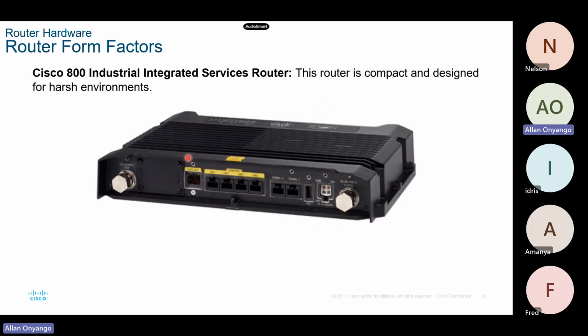Of course, we have the industrial integrated services routers, the 800 series. These are well meant for harsh environments, and they survive there and still provide very good connectivity within them.